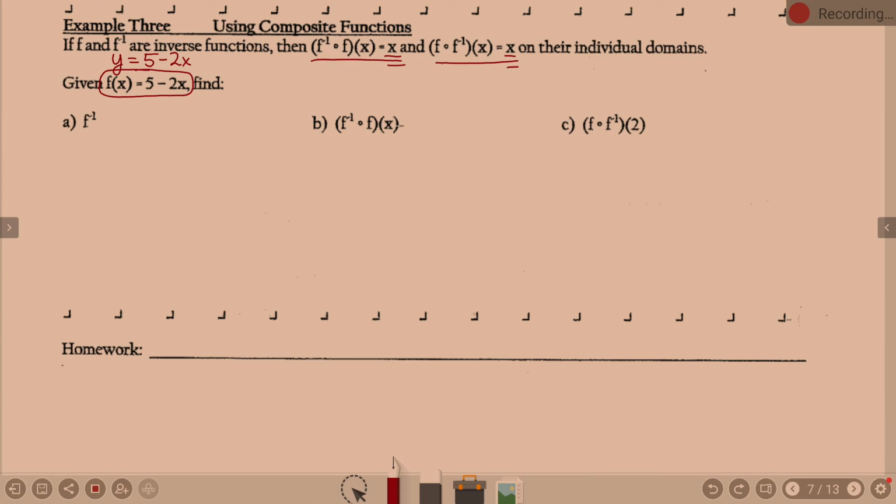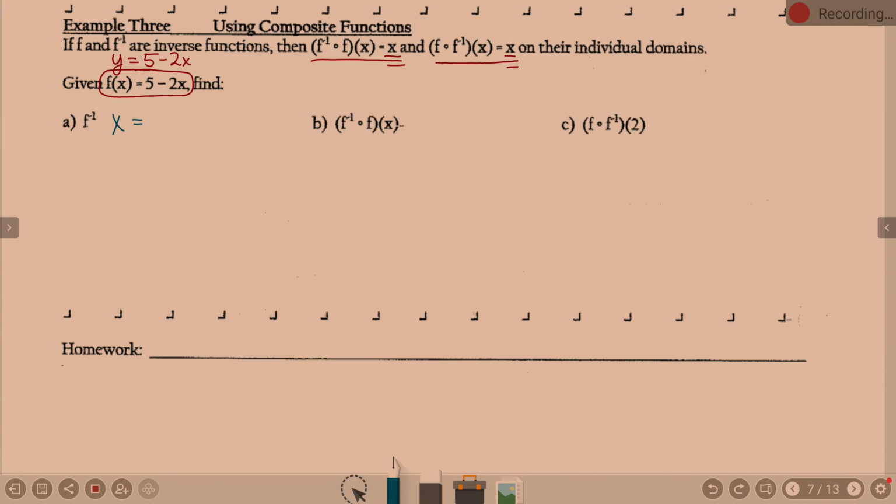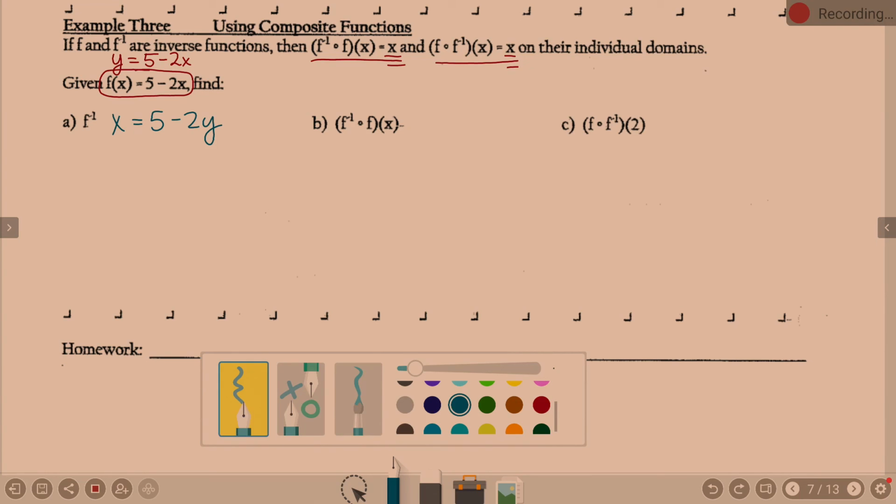So if I'm going to switch, instead of y equals, I'm going to say x equals 5 minus 2y. And we're going to solve for y. So how do I move a positive 5?